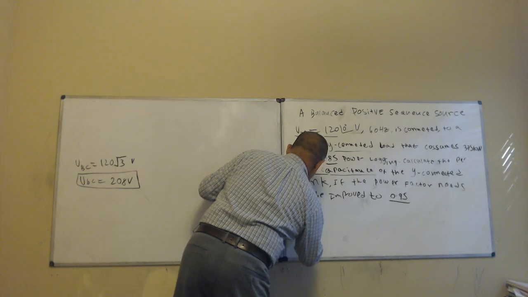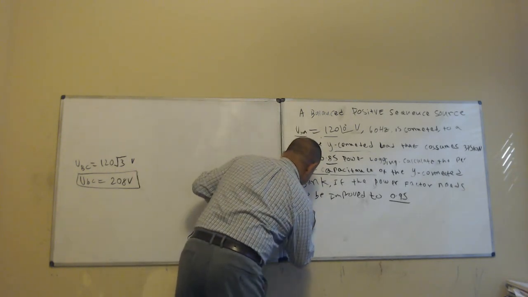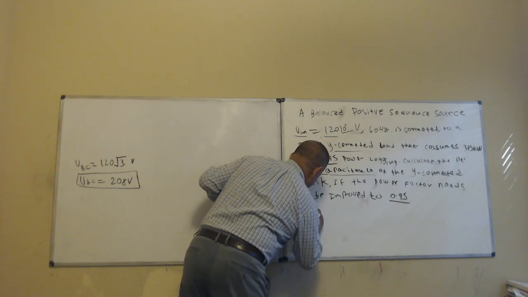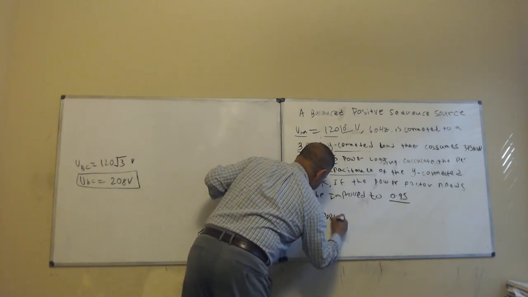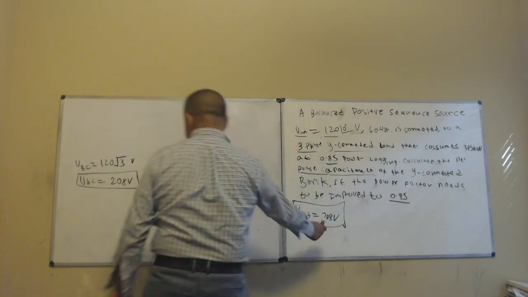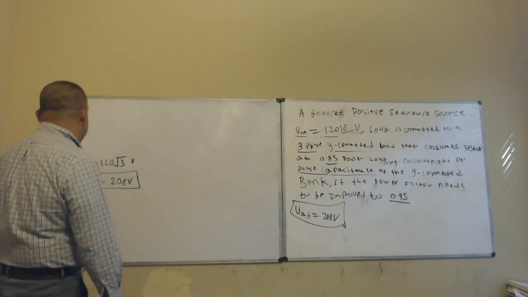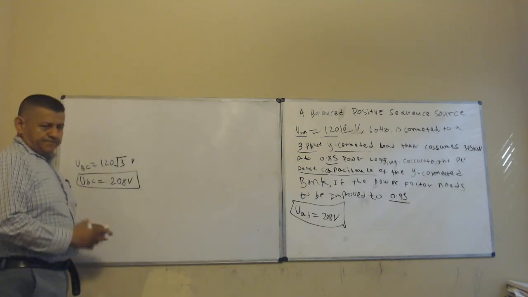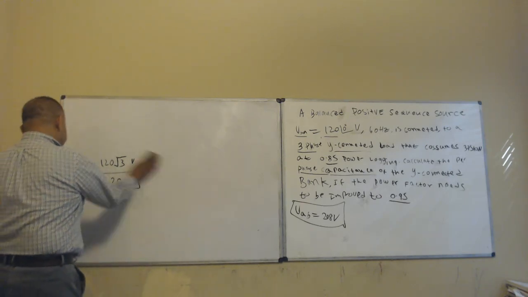You can put it BAV, whatever. BAV equals 208, the same thing. Like I said, I just put that for alphabetical order, but it doesn't matter. This phase is sort of the same, phase to phase.